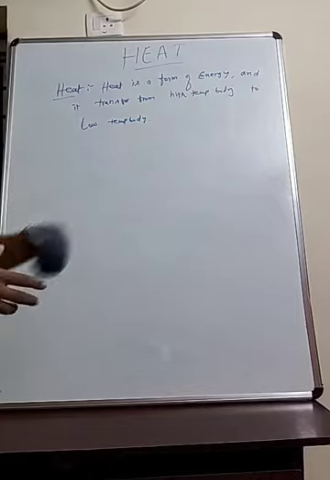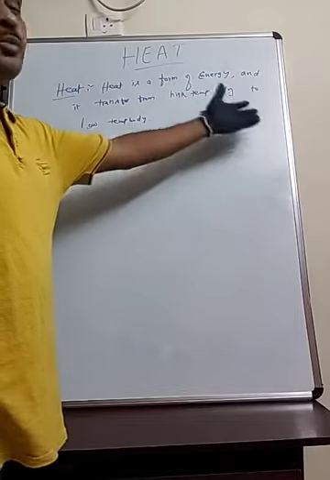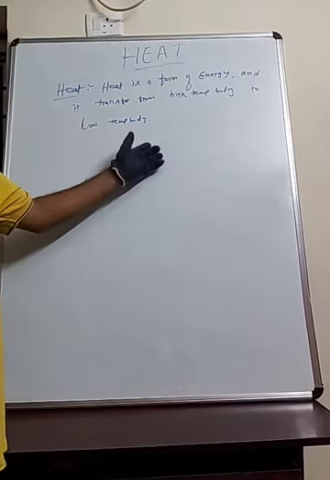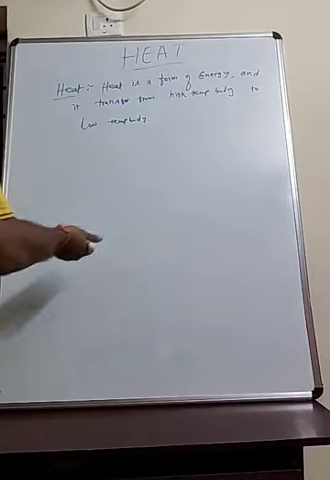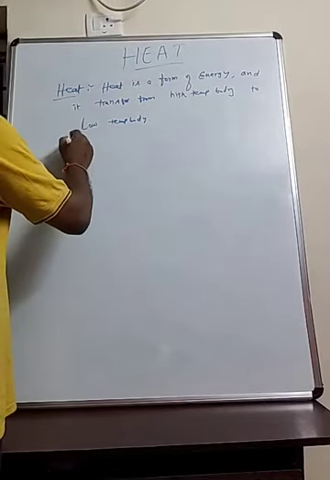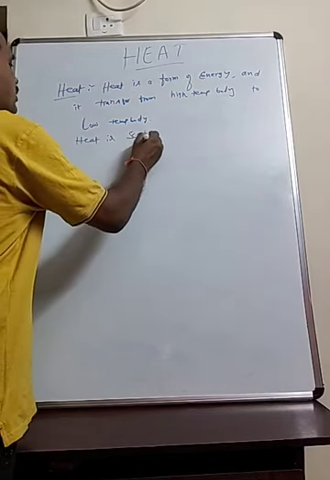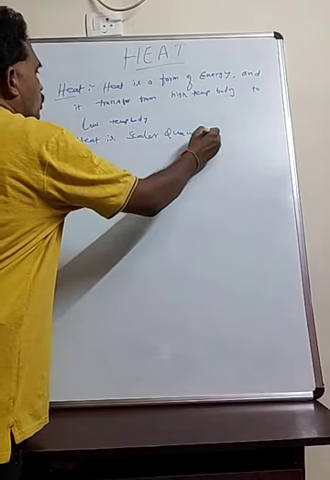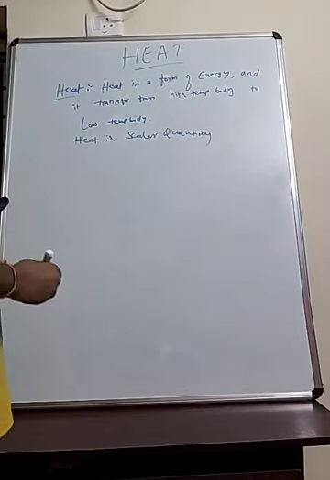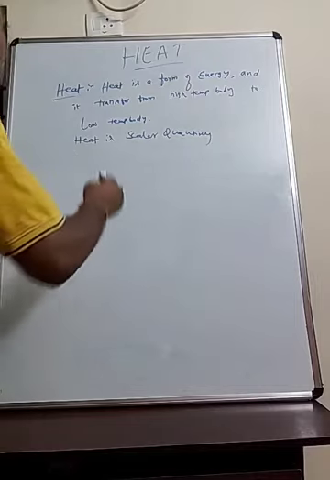So heat is a form of energy and it transfers from a high temperature body to a cool temperature body. Is heat a scalar quantity or a vector quantity? Clearly, heat is a scalar quantity because it has only magnitude.